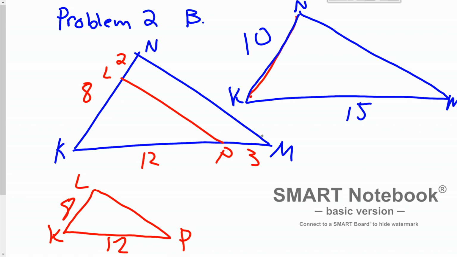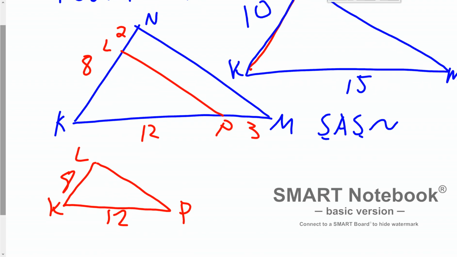So now matching up these two, I only have 2 sides, so that means I'm going to do side, angle, side similarity. Working with this one, the 2 sides would be 10 and 8.